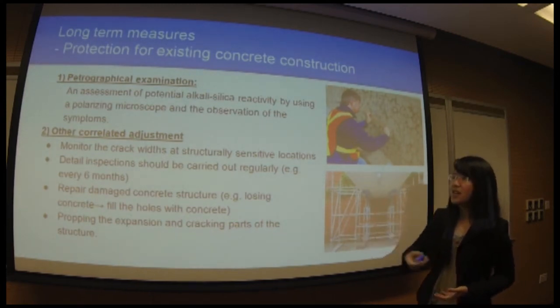Also, if there is any loose concrete, in other words, if any spalling occurs, the loose concrete should be replaced by new concrete. And if the situation of cracks and spalling is very serious, propping and also reconstruction of the structure or building should be considered.